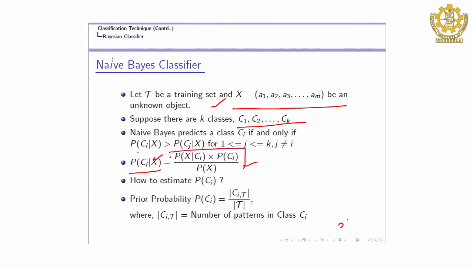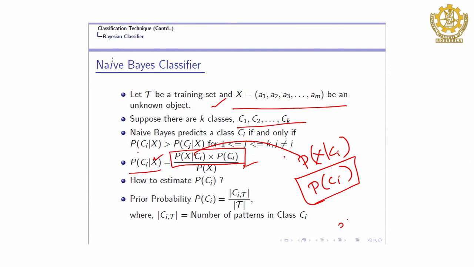It has 2 parts. One is the probability of X given a class Ci, and another part is the probability of Ci. Now, how do you compute this value and how do you compute this part, we will study one by one.